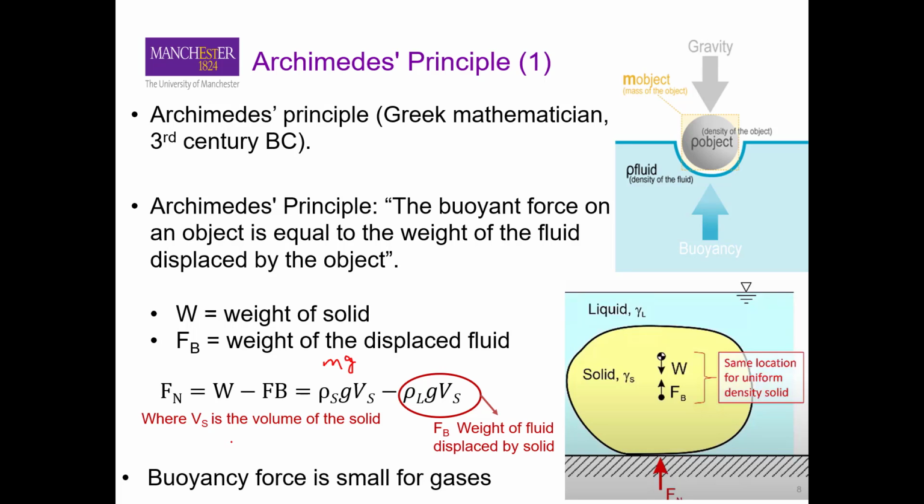A mug of coffee sitting on the table is also experiencing buoyancy by the atmosphere that is equivalent to the weight of the fluid displaced by that mug of coffee. The buoyancy force is normally much smaller for gases because the densities of gases are much smaller compared to the densities of liquids. So the buoyancy force by a gas would be 3 orders of magnitude lower than the buoyancy force in the case of a liquid.